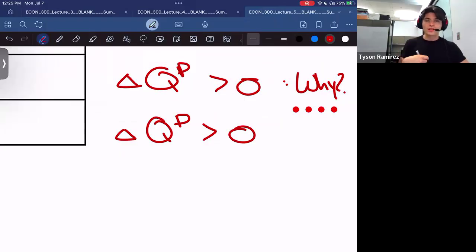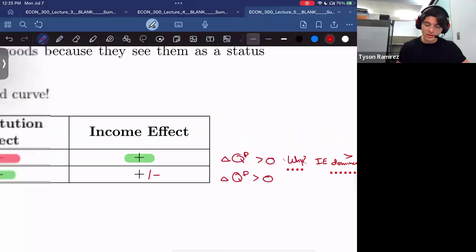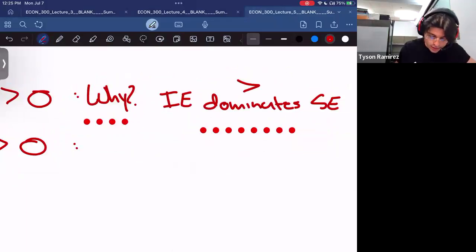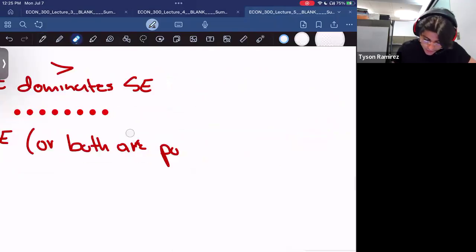We actually want more of this thing after the price increases. And why is that? Because of conspicuous consumption. Or we could also say that the substitution effect dominates the income effect here, or both are positive. Let me clear that up a little bit.